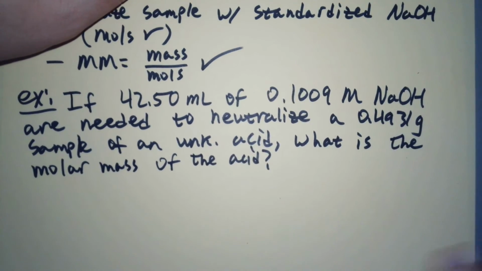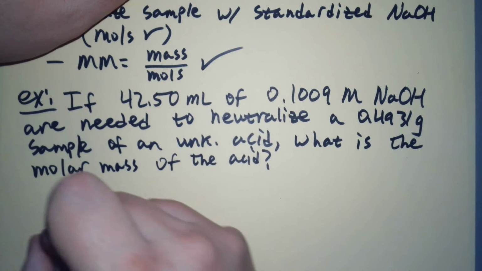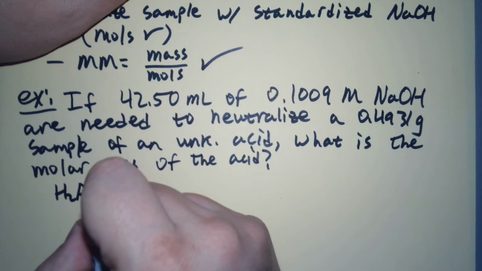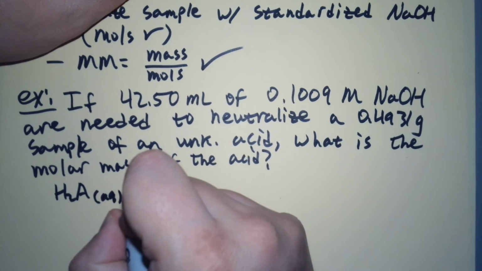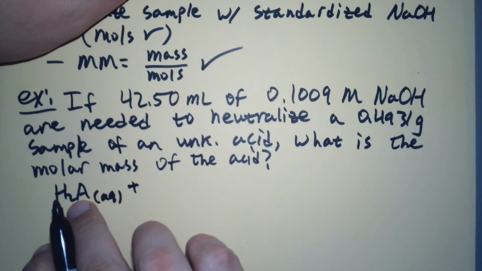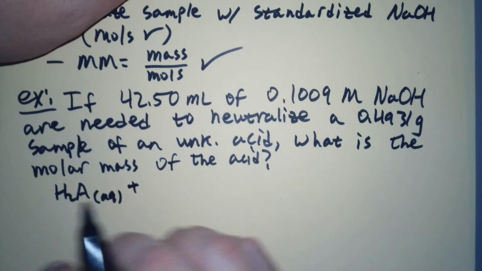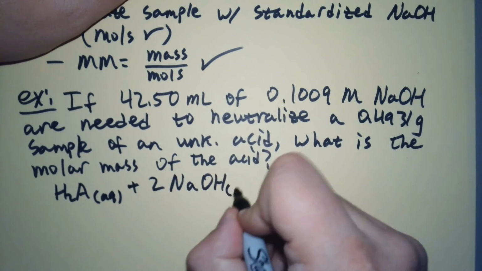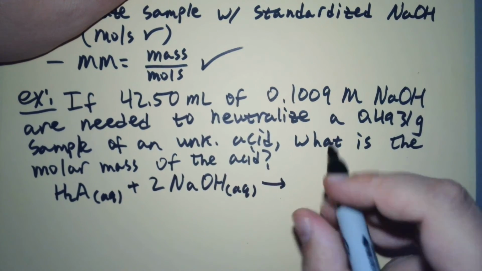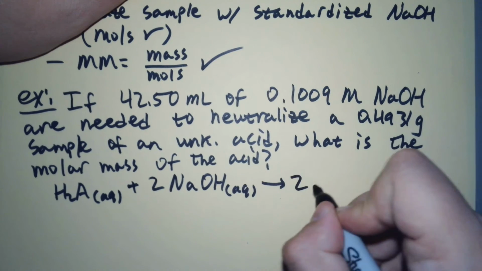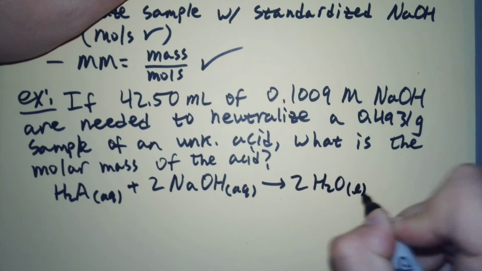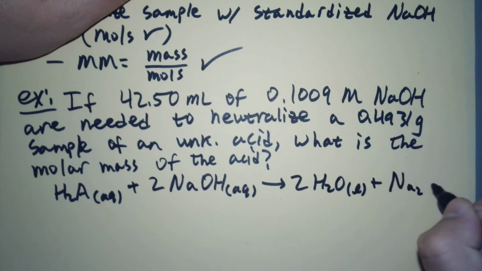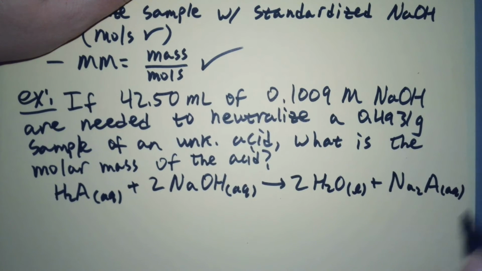Alright, so here is the chemical equation for this as well. So we know the chemical equation, so this is just part of what we know. Alright. So H2A, we don't know the formula, so A is a stand-in. We know it's going to release 2 H pluses, so it's a diprotic acid. So it's going to react with 2 NaOHs. And we are going to get 2 waters and a salt, which is Na2A, which is aqueous.